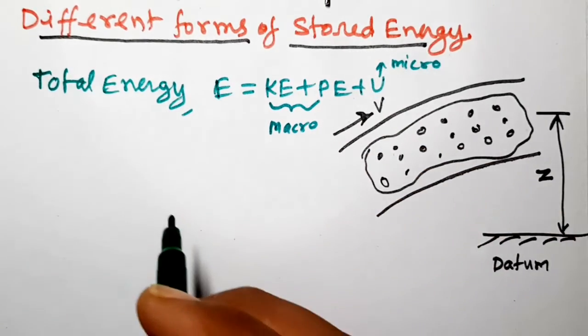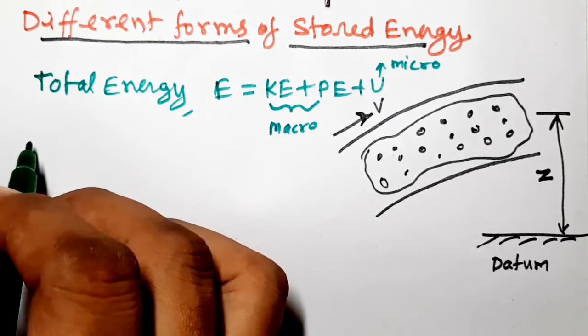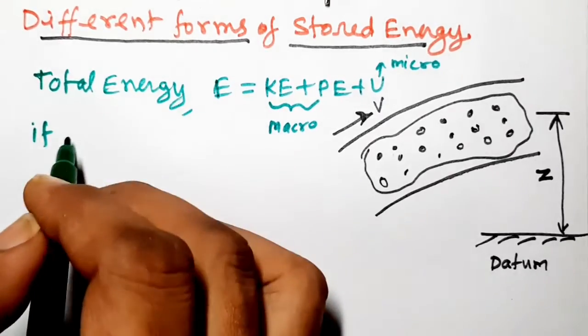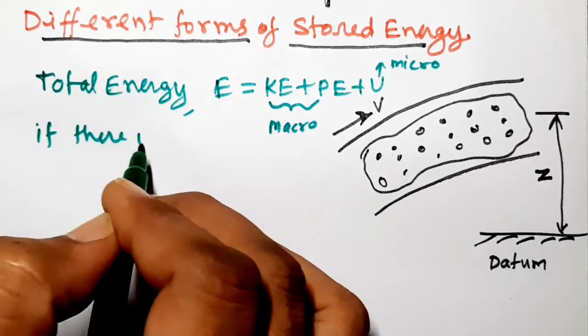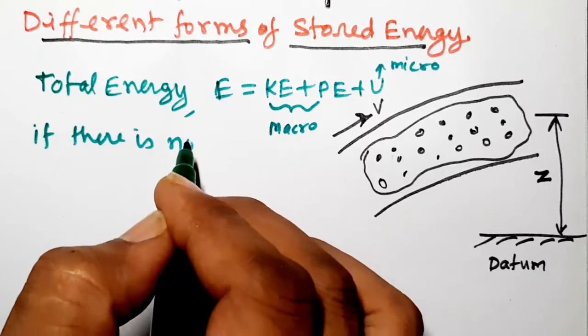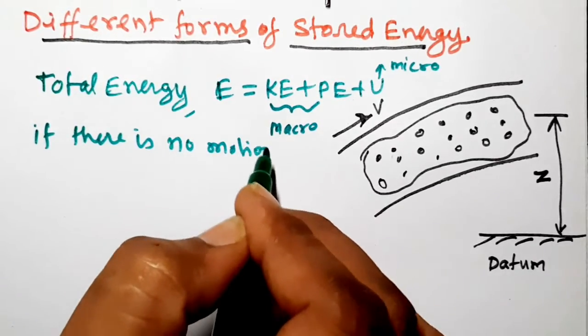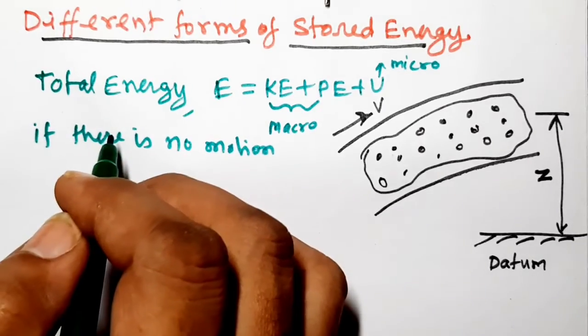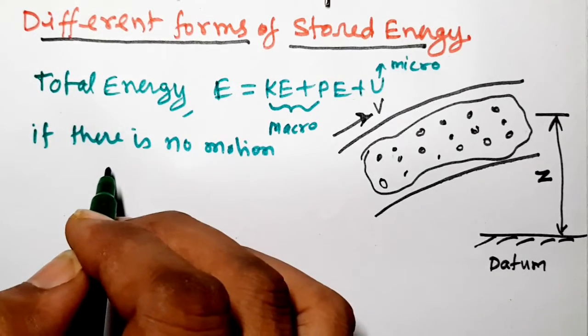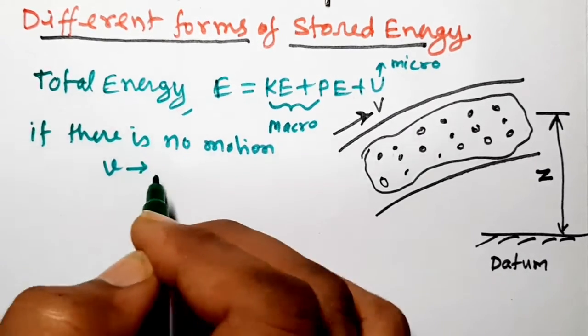So here we can say if there is no motion of molecules, then V will be neglected.